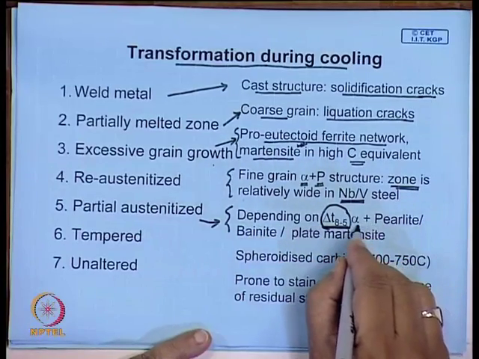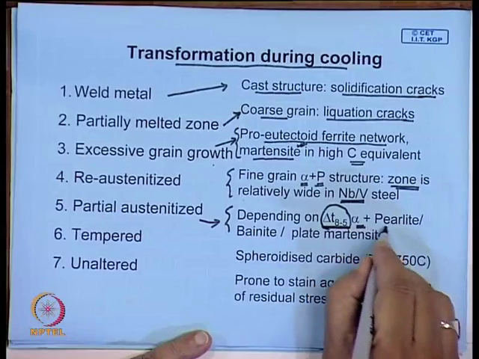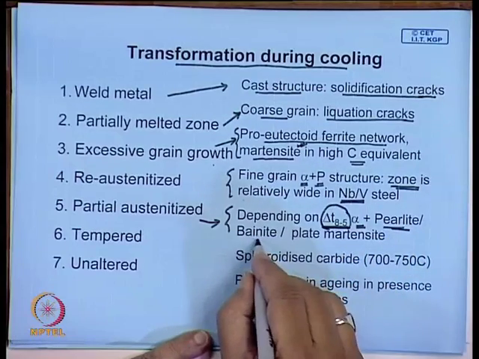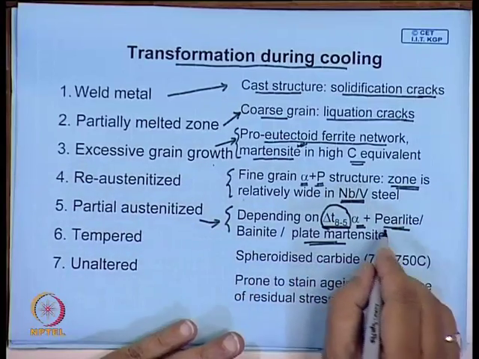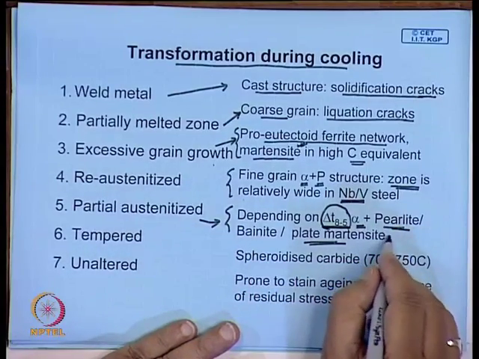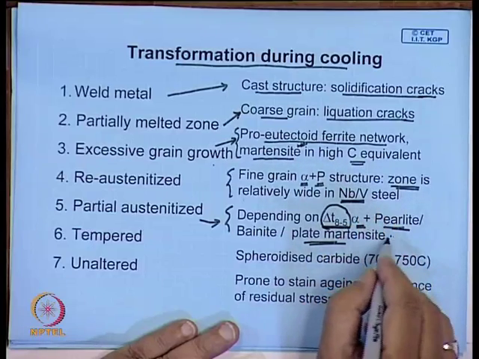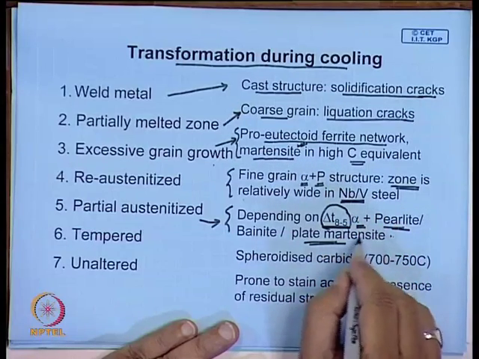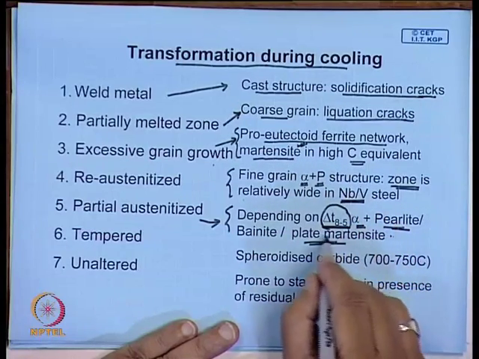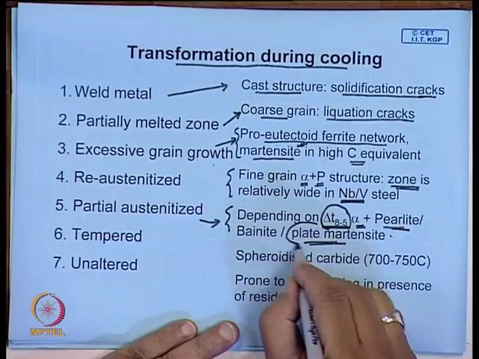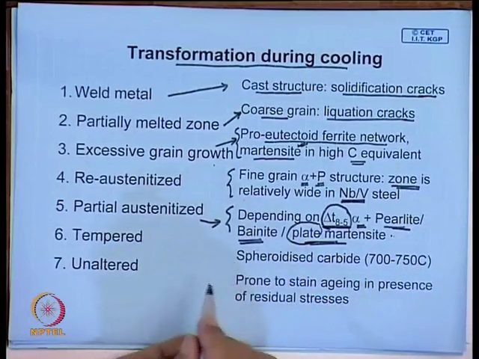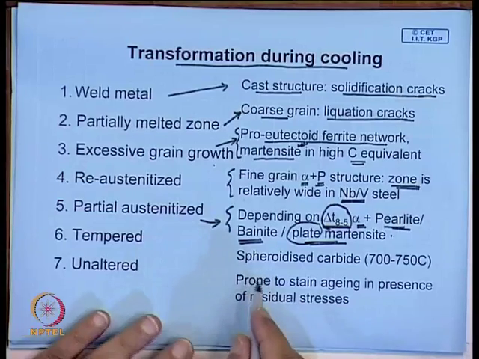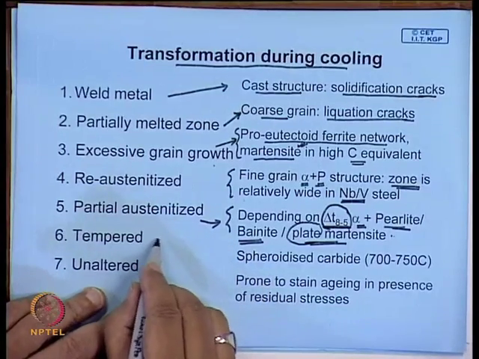So, here the main structure will consist of ferrite and pearlite. It can also form some kind of plate martensite, because that austenite is a high carbon austenite here. So, when it is cooled at a faster rate, it is likely that it can transform into martensite, and this martensite will be plate martensite. In certain grades of steel, you also get bainite. There is also a region which gets softened.